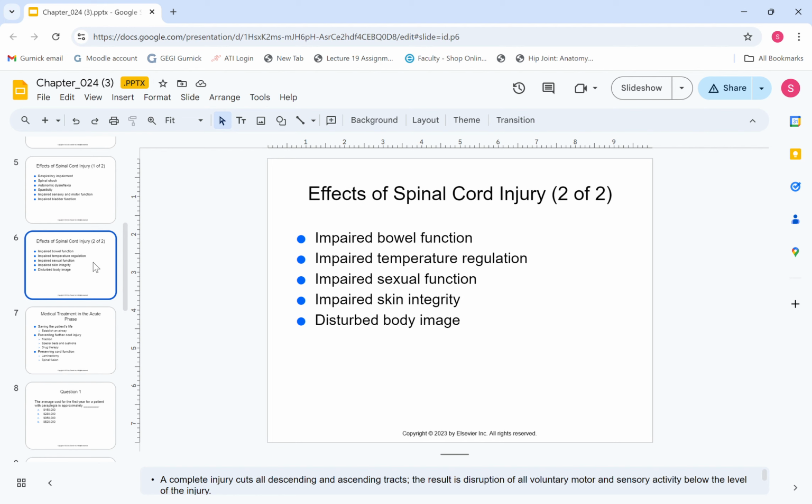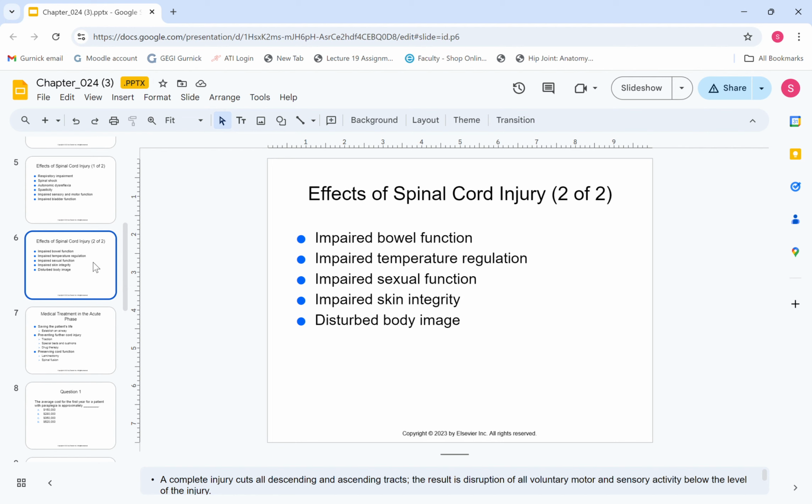Because you can't feel your skin, you're at increased risk for bed sores and impaired skin integrity. Now that could be bed sores. It could be, if you don't have good control of your bladder, things like urine from incontinence.